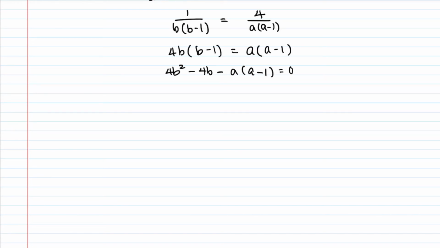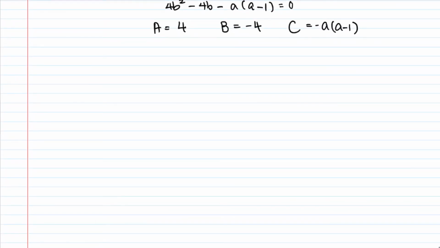Here is where you need to use your b squared minus 4ac, your finding of roots. Take it that you have got your a, your b, your c over here. Actually, maybe we shouldn't, let's use capital A. So this is basically finding the roots, when you can't press this into your calculator. So A equals 4, B equals minus 4, big C equals minus a times a minus 1.